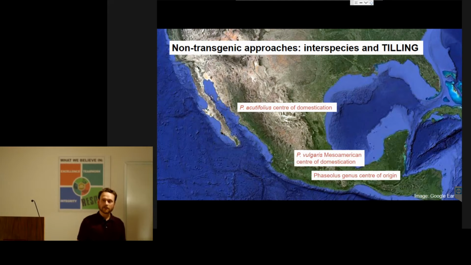another domestication event of a sister species or a related species called tepary bean or Phaseolus acutifolius. And this was domesticated in the more arid zones, probably in Sonora, Chihuahua, etc. Now, tepary is a very kind of live fast, die young crop that's a drought avoider, and it produces lots of healthy seed under extreme water deficit.